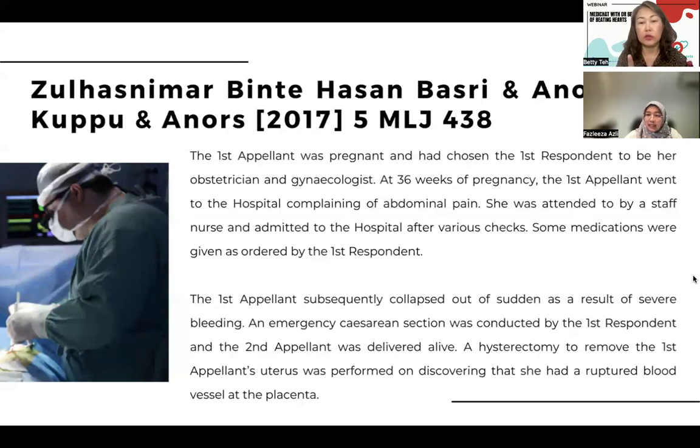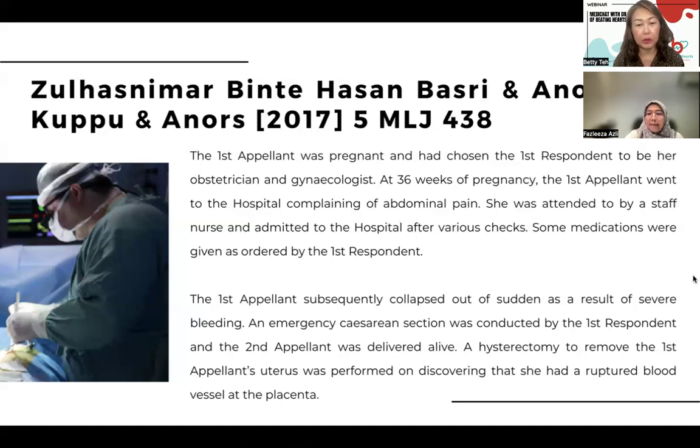Can I ask, was Dr. Kuppu her normal doctor who followed her up throughout her pregnancy? Yes, correct. So she didn't just go to a hospital, she went back to her own doctor? Yes, in fact she chose this particular O&G to be her doctor. So from the time she found out she was pregnant, she was with Dr. Kuppu all the time?